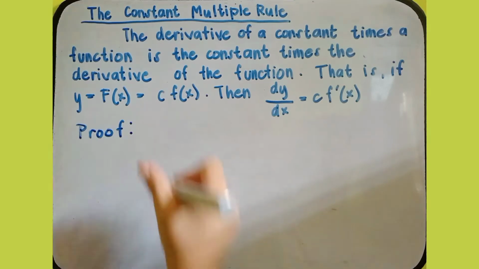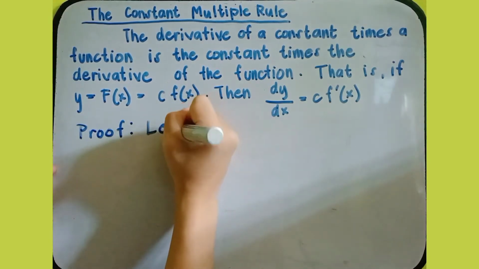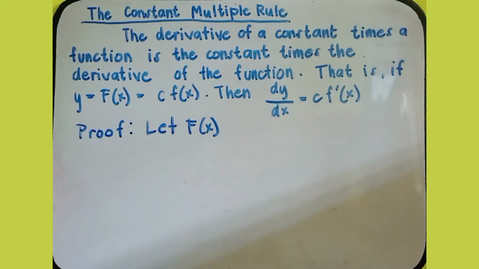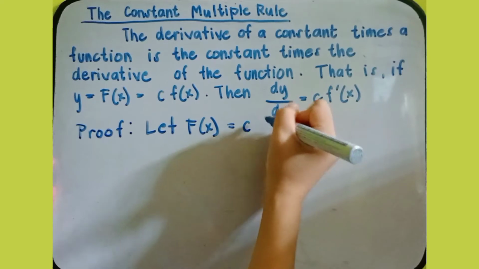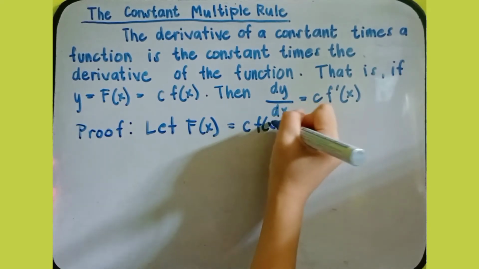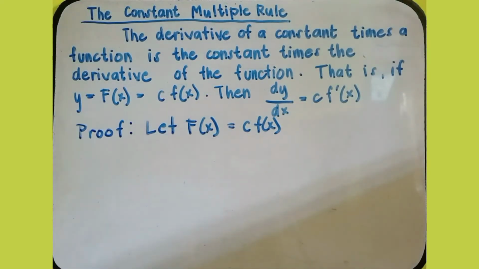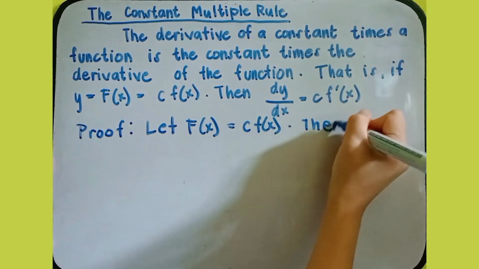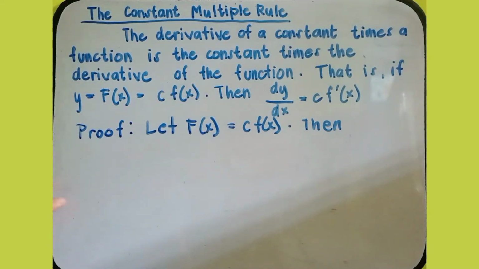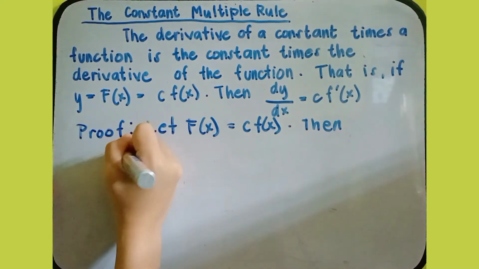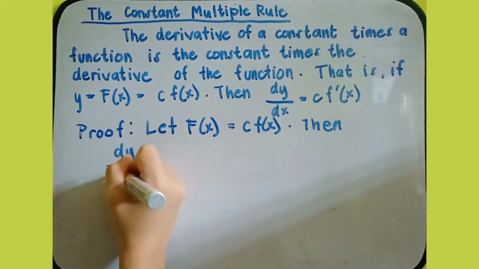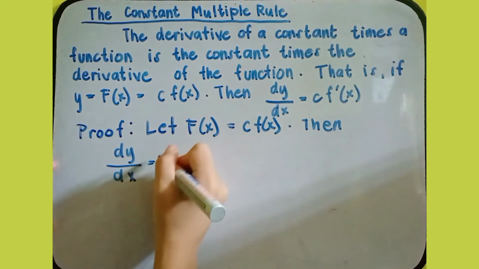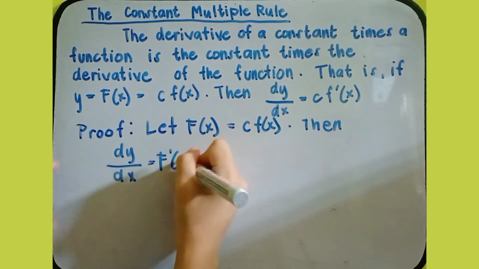We let f of x equal the constant times f of x. Then we have dy over dx equals f prime of x.